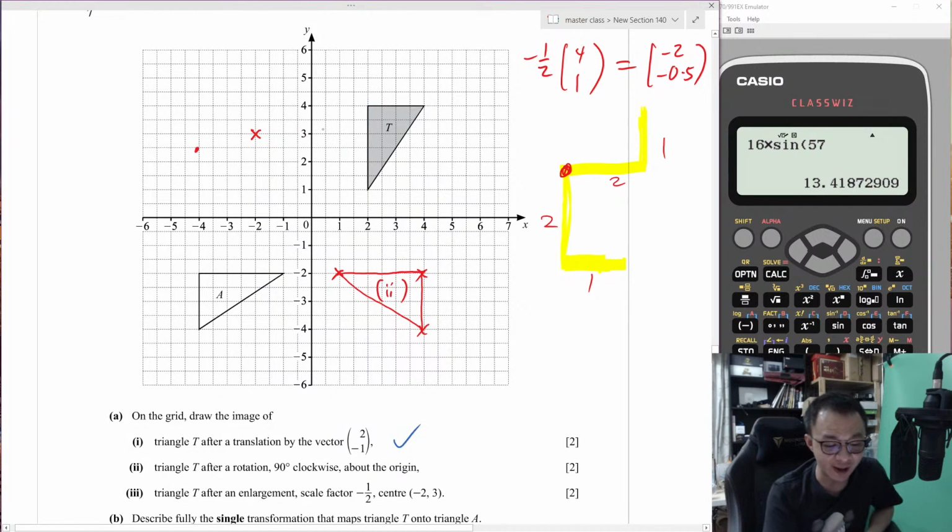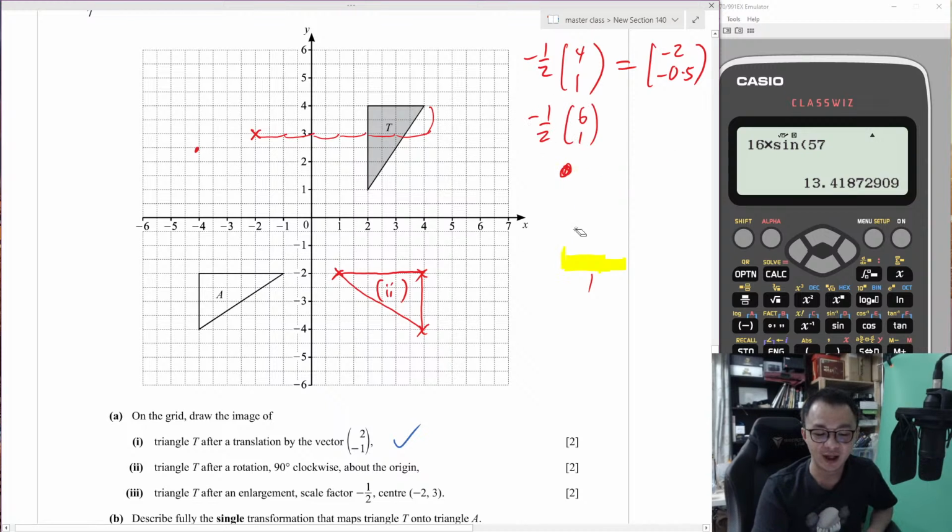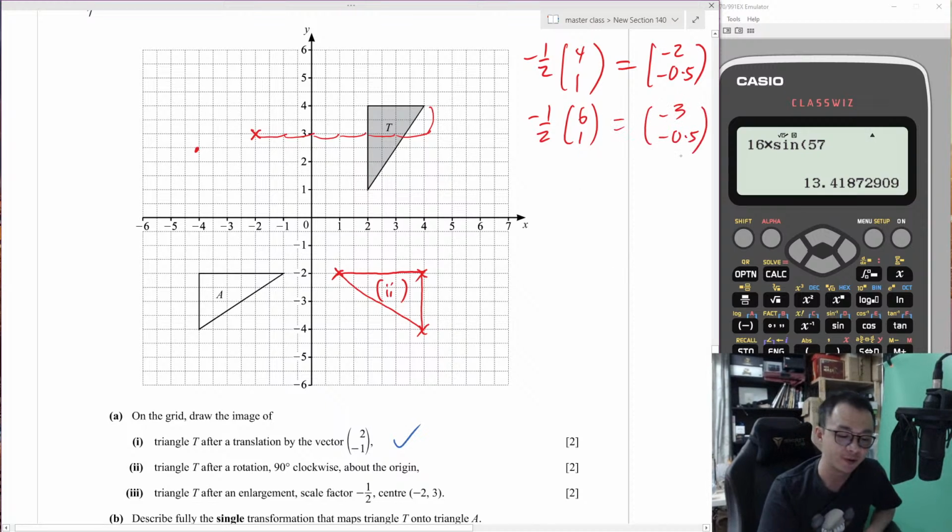Alright, then I go to another point. 1, 2, 3, 4, 5, 6. (6, 1). If I multiply -1/2, I should get -3 and -0.5. So -3 from the center point, 1, 2, 3, going down half unit, which is here, the second point.